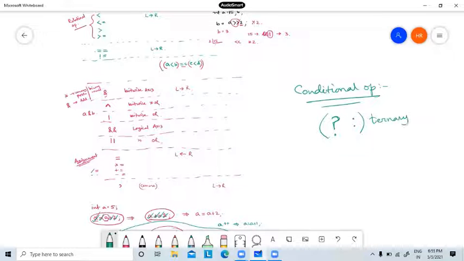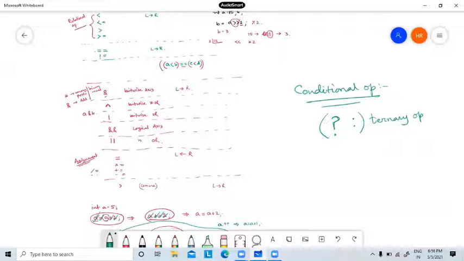All the other operators are either unary or binary. Now, how does this naming come about? Unary means the operator is acting on a single operand. If the operator is acting on two operands, then it is binary.